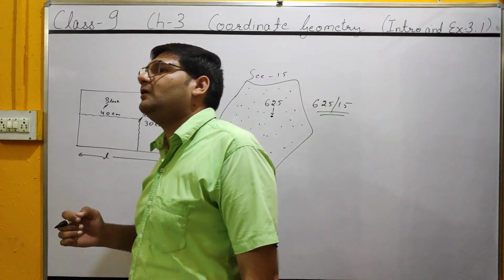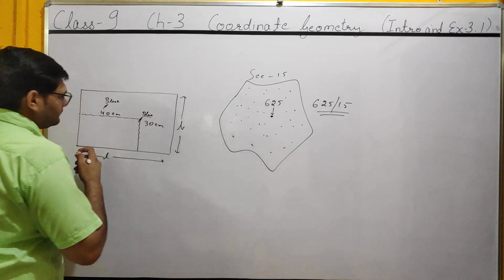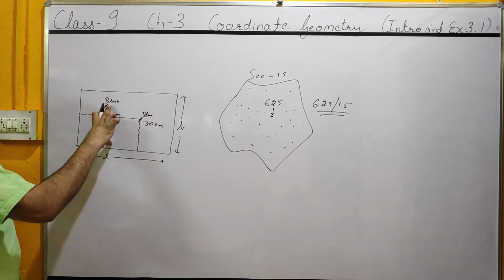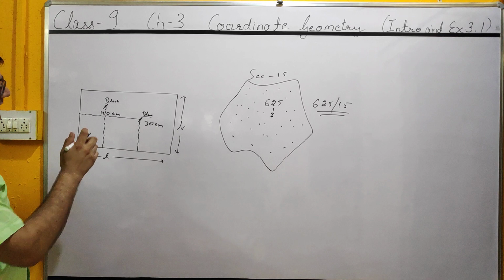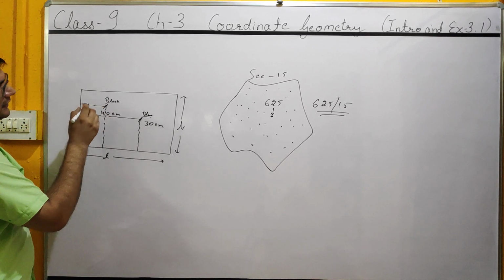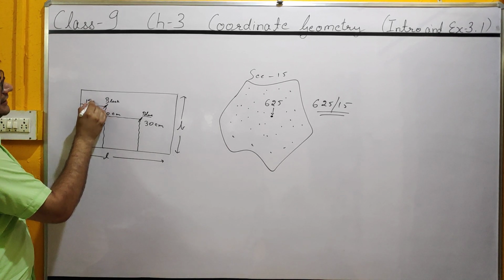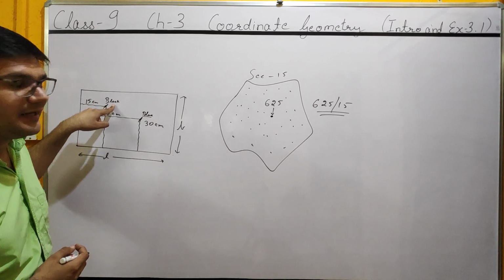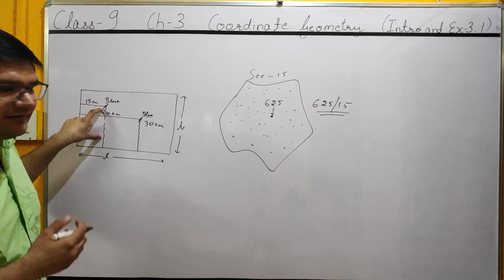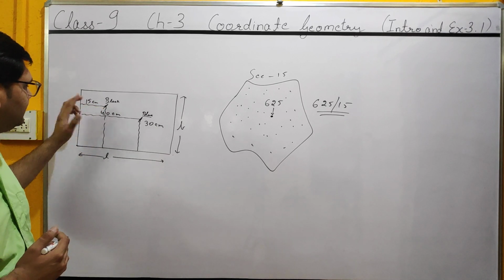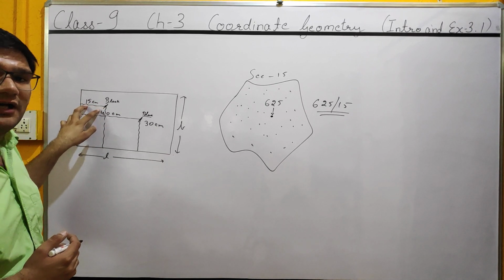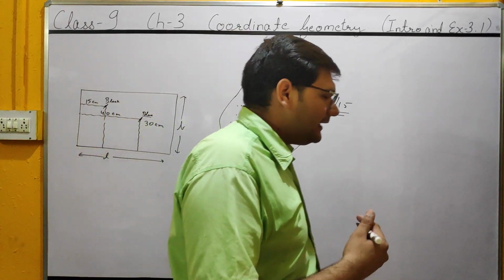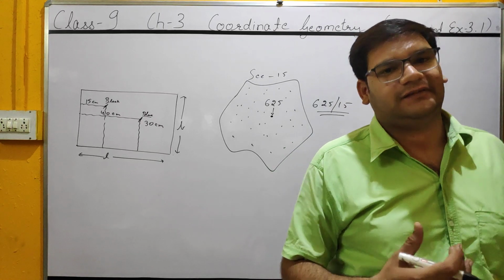Similarly, if you want to tell the location of the black pen, suppose this time here this is 40 centimeters and here it is only 15 centimeters. So we can tell that this black pen is 40 centimeters away from the length and 15 centimeters away from the breadth. So in this way we can tell the exact locations of points or things.